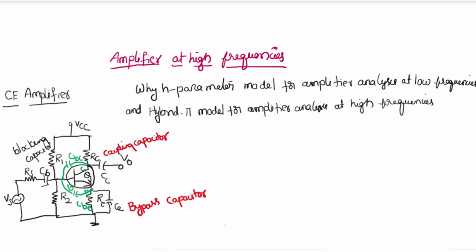So this is totally the CE amplifier internal and external circuit with the capacitors. Totally we have 5 capacitors. Let me explain how these 5 capacitors will work at low frequencies and also at high frequencies.